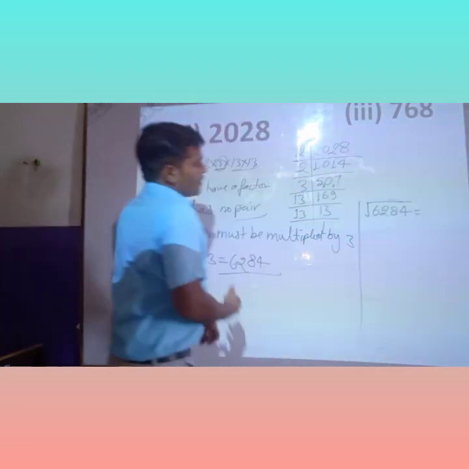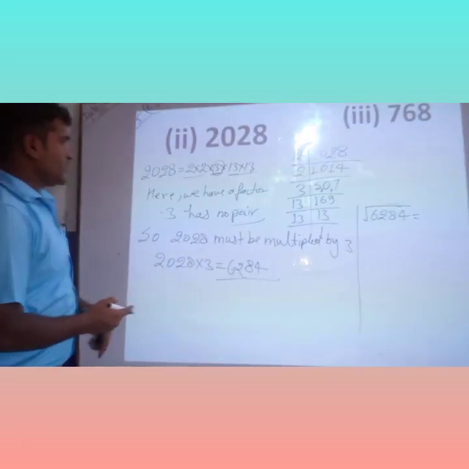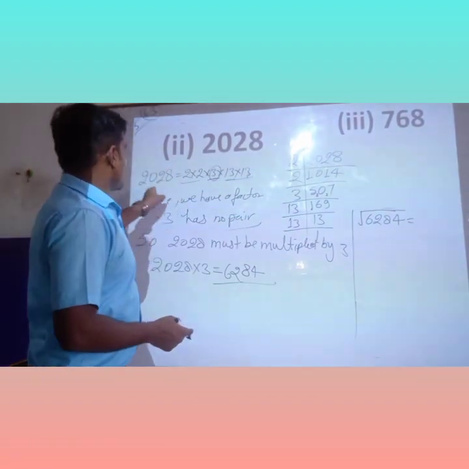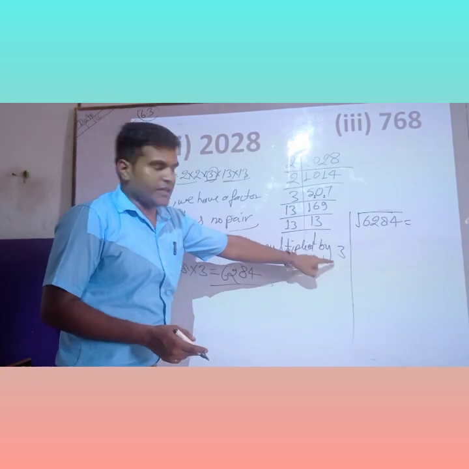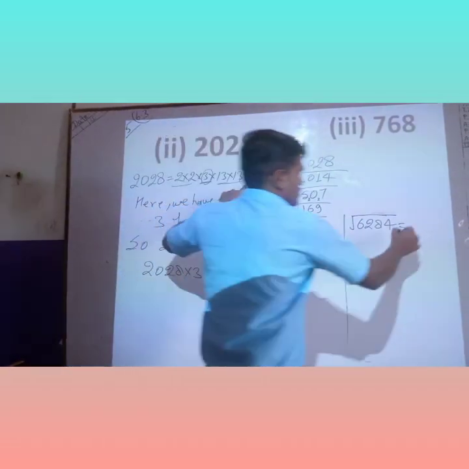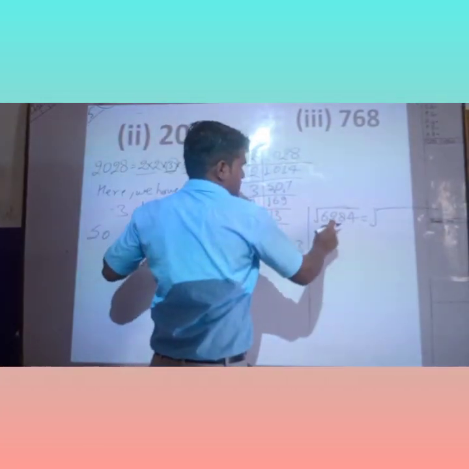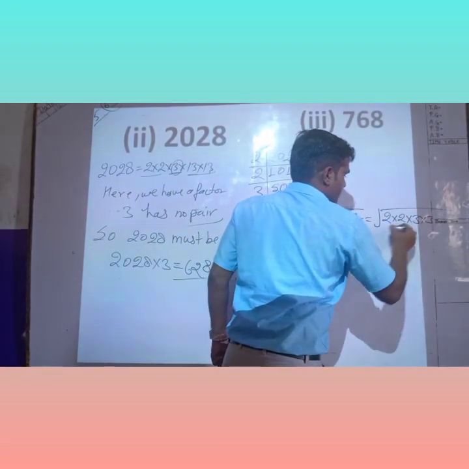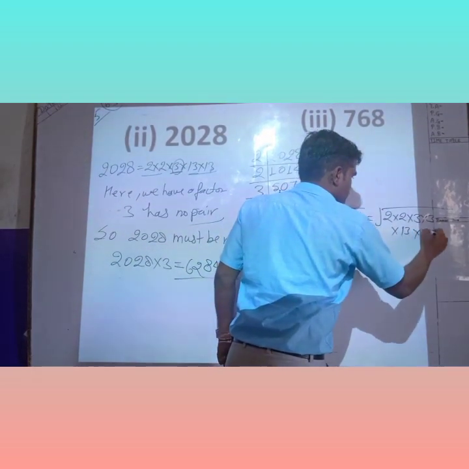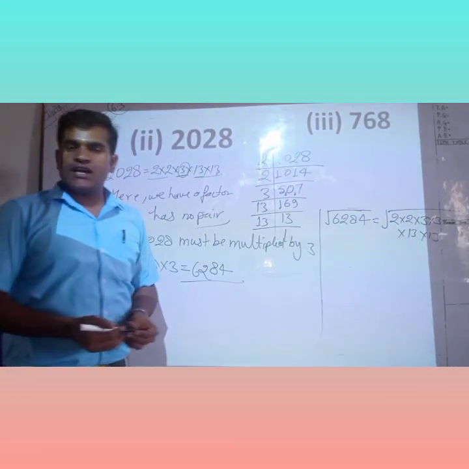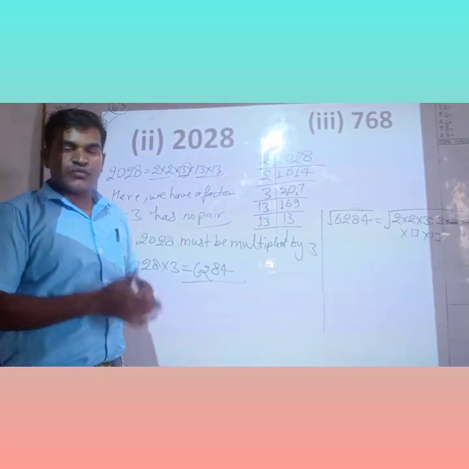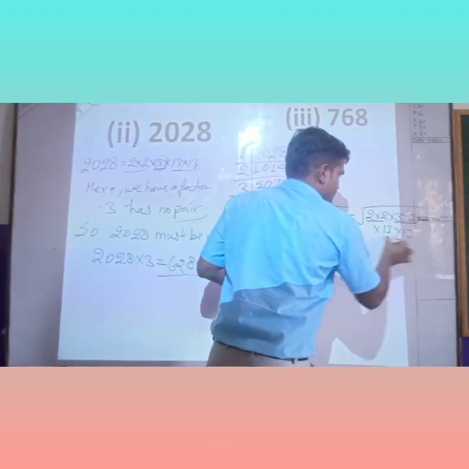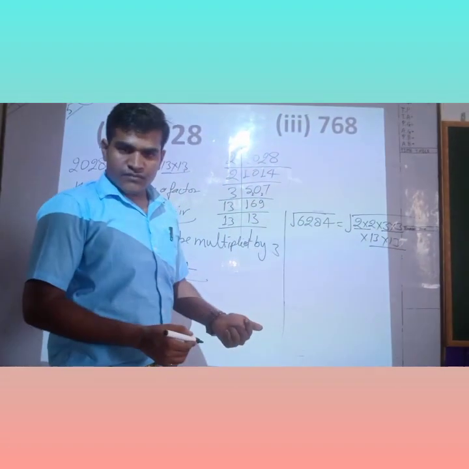As we know, the prime factors of 6084 are 2 into 2 into 3 into 3 into 13 into 13, because 2028 was multiplied by 3. When we find the square root of a number, first we make pairs of factors, then choose one factor from each pair.